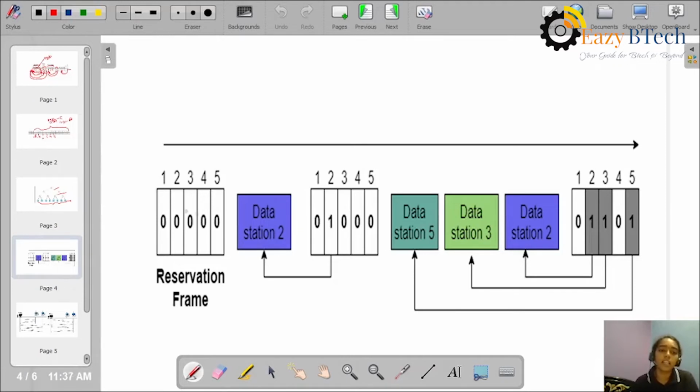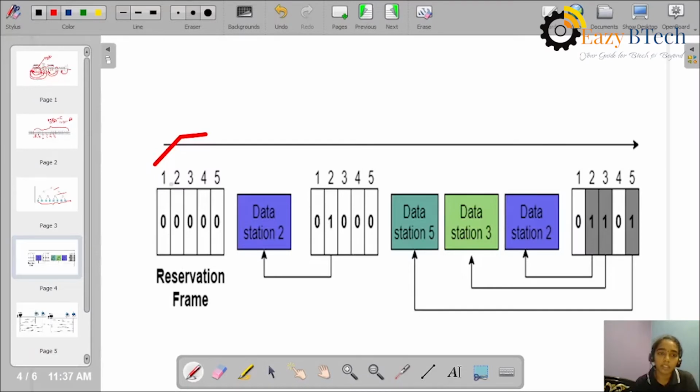See here we have 5 stations. I am explaining the diagram here.